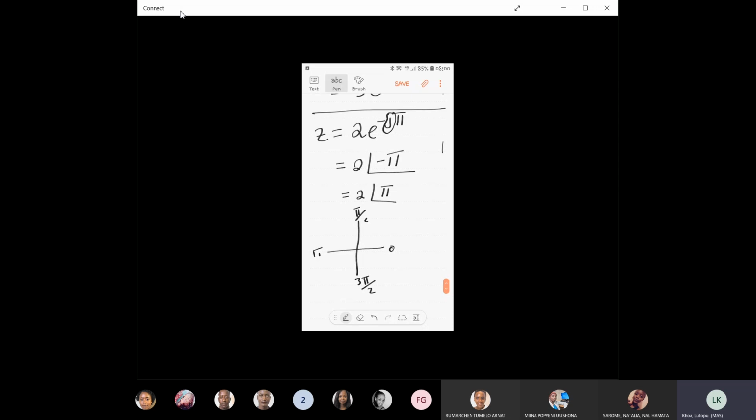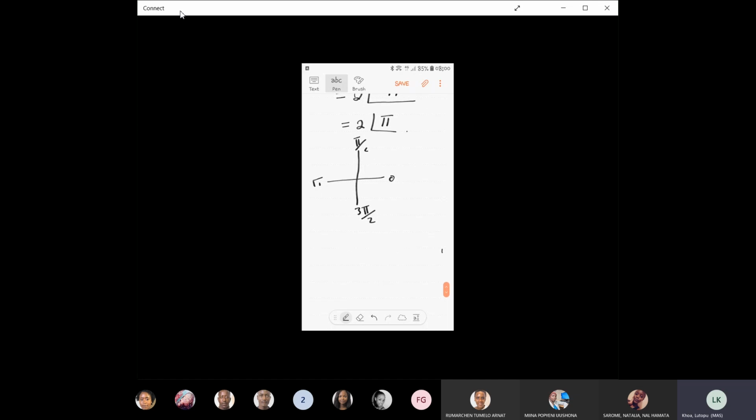Now with these ones, we can always evaluate what sine and cos of those are, because it's usually 0, 1, or minus 1. So this is it in polar form, and I can also rewrite it in rectangular form.